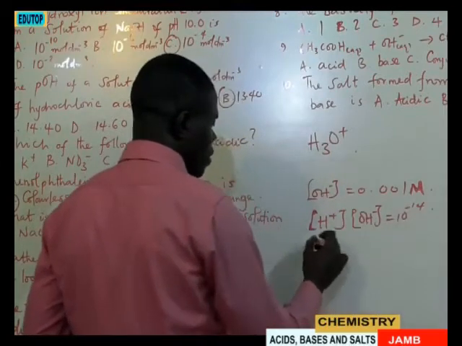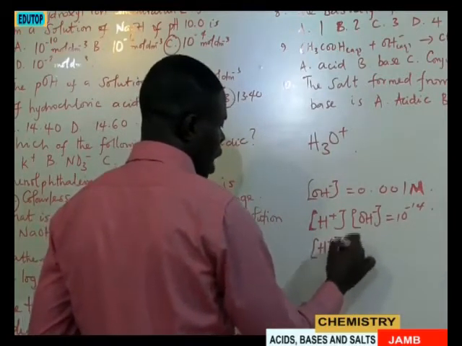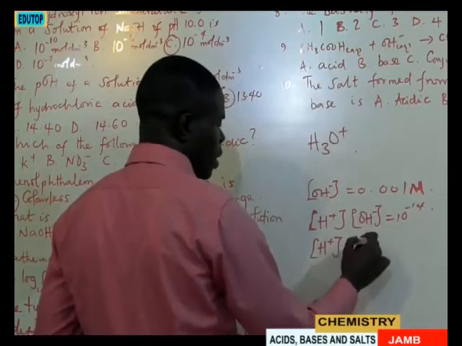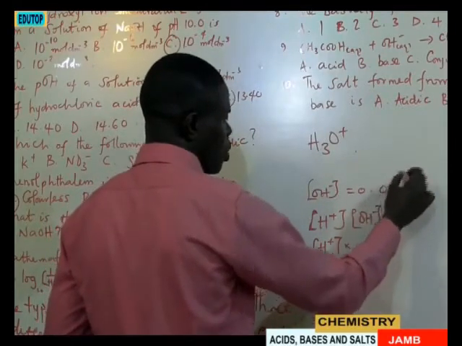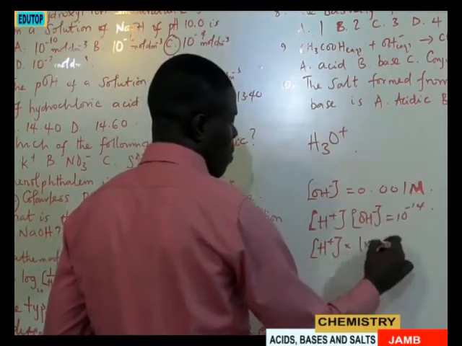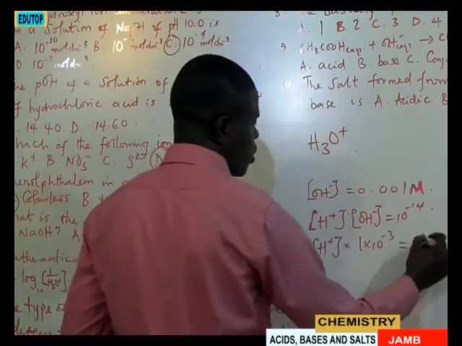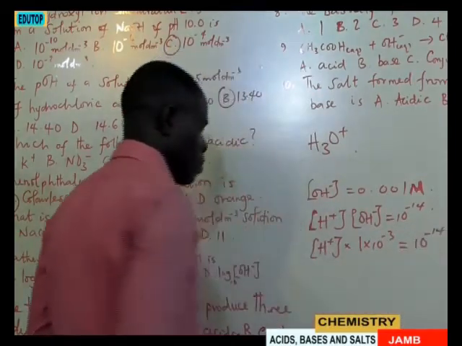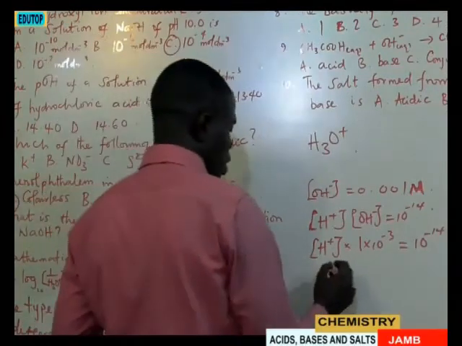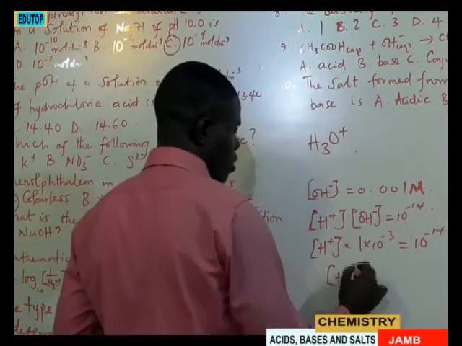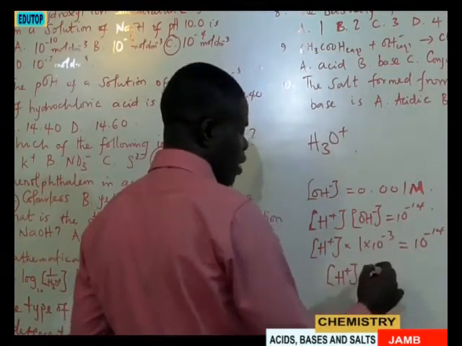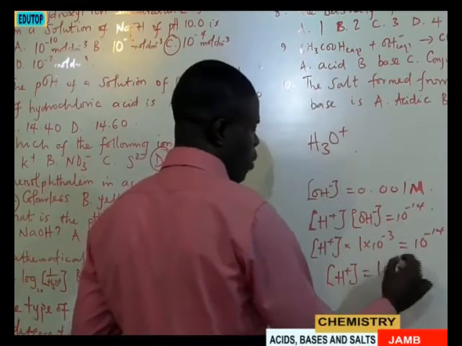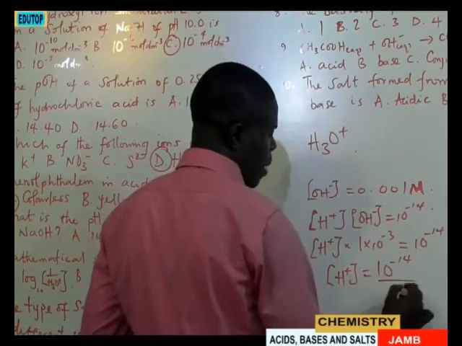So the concentration of hydrogen ion times 1 times 10 to the power minus 3 equals 10 to the power minus 14. We divide both sides by 10 to the power minus 3, and we have 10 to the power minus 14 divided by 10 to the power minus 3.